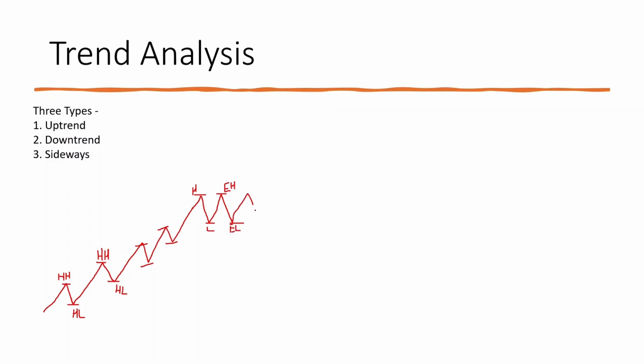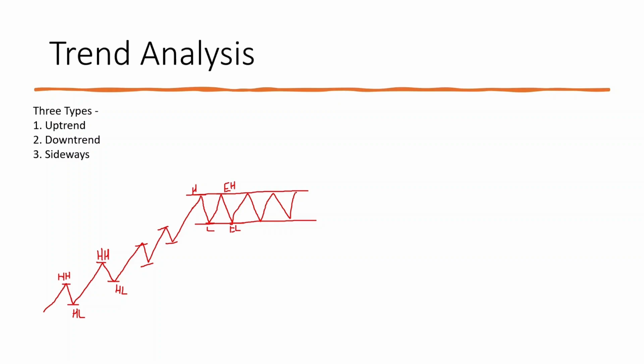Then it moved up and then it started moving sideways. So when the highs and lows become equal, we say that we are in a sideways trend. When we talked about balance structures in the market, balance structures are basically sideways trending markets.